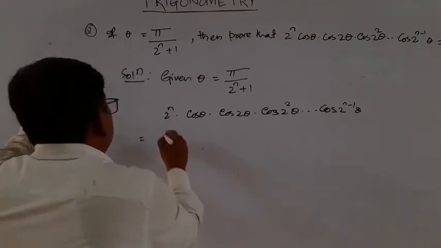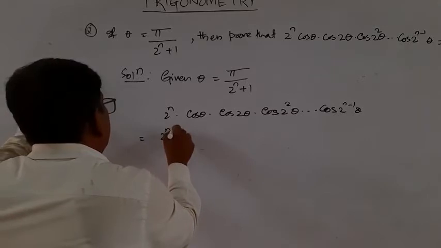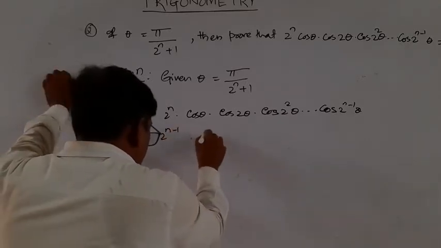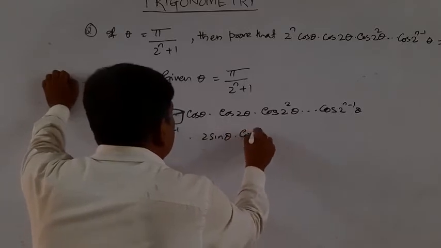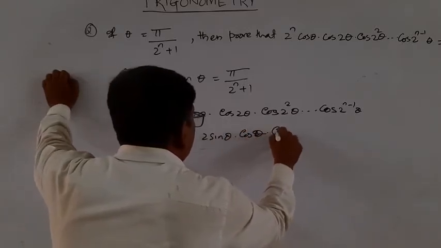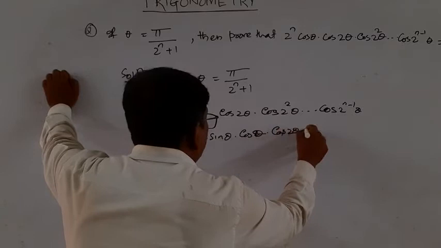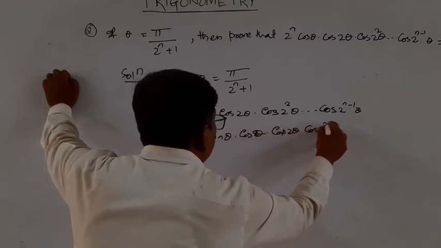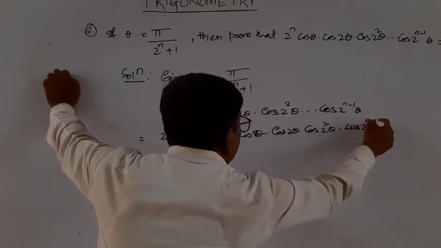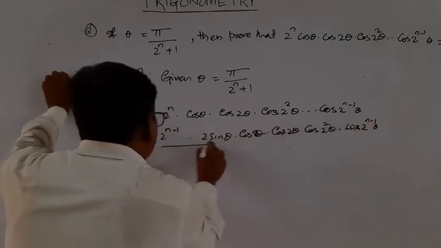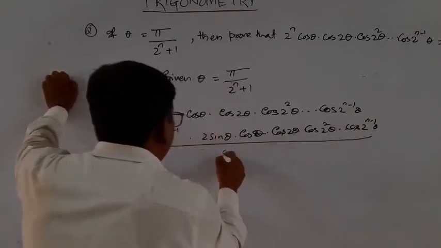That is, 2 to the n minus 1 common: 2 sin theta into cos theta into cos 2 theta into cos 2 square theta into cos 2n minus 1 theta by sin theta.